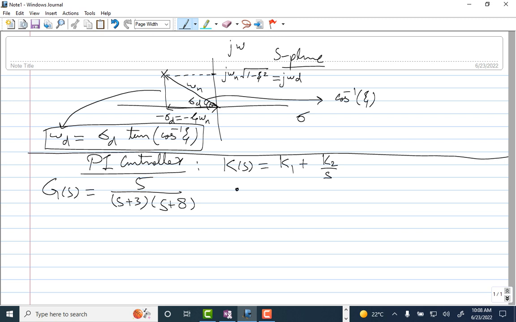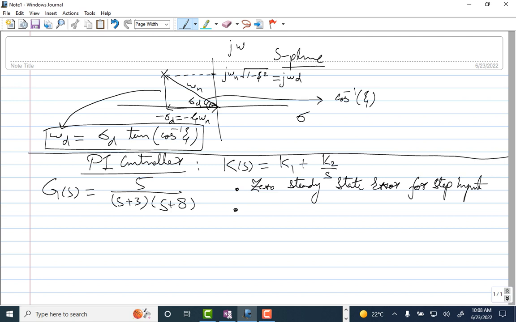Why do I have to design a PI controller? Because they want zero steady state error for step input. This is one criterion, so from here we know that we have to go for PI control.